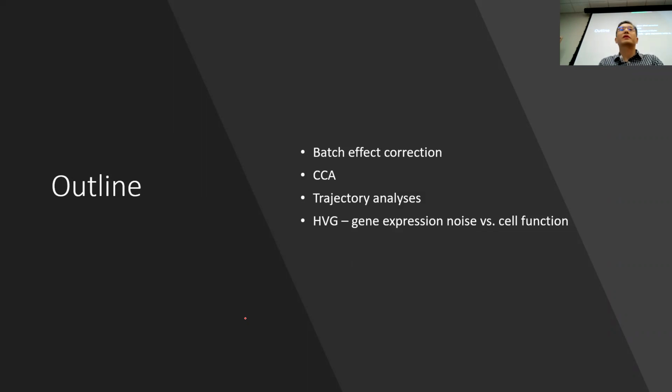Then I will talk about highly variable genes. This topic, I believe, is underappreciated because people use it as a filter to find marker genes that are expressed differently across populations.